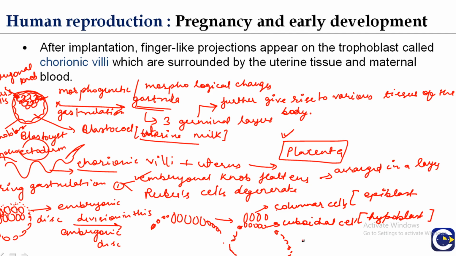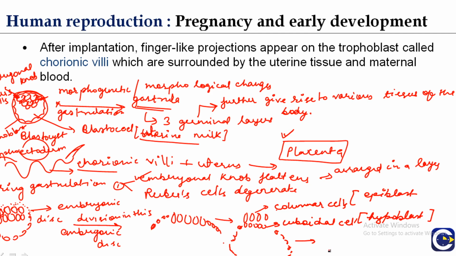Now further at this stage, the first germinal layer is formed. Very important to know, the first layer which is formed during the gastrulation process is the endoderm. So now there is the detachment of epiblast cells.